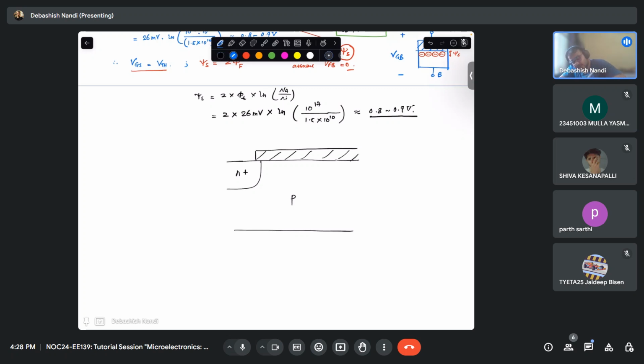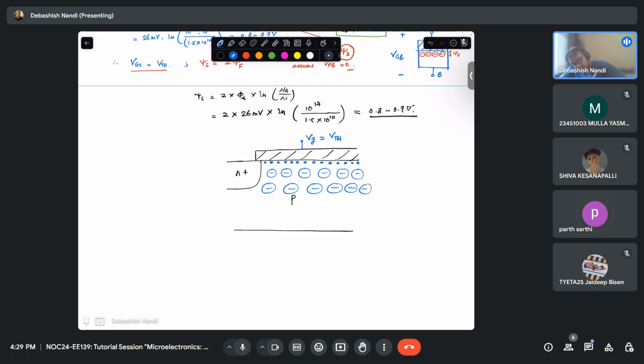So when your Vg will be equal to Vth, what will happen? There will already be depletion charges, but at this region electrons will also be present, right?